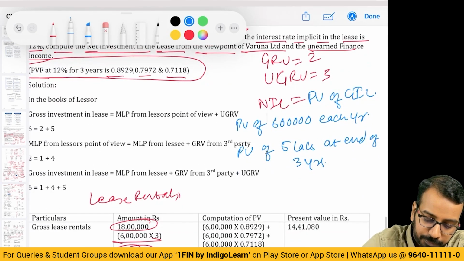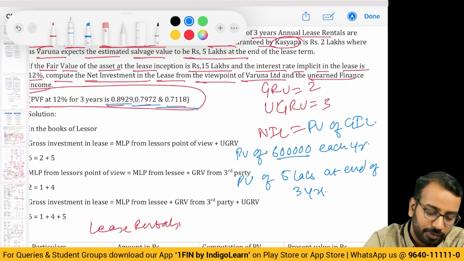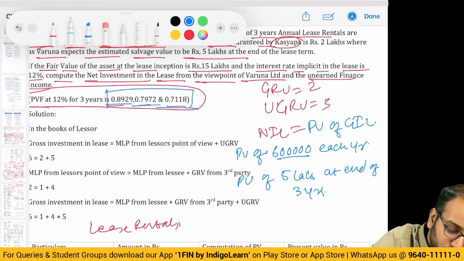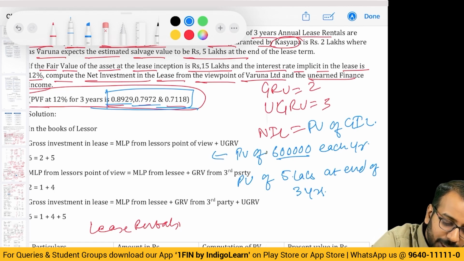What we will do, we can do 6 lakhs into 0.8929, 6 lakhs into 0.7972, 6 lakhs into 0.7118. That is one way you can do. Or you can do the total of these and multiply with 6 lakhs. Up to you.